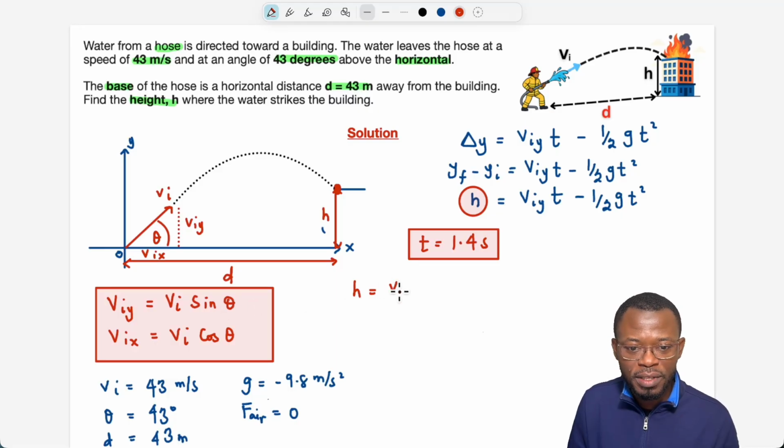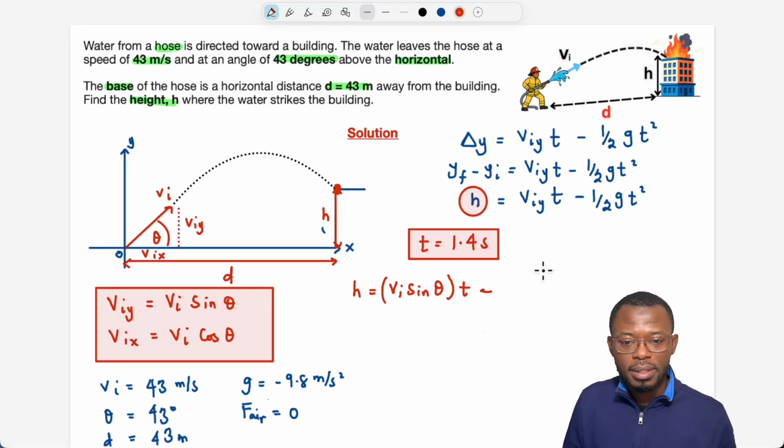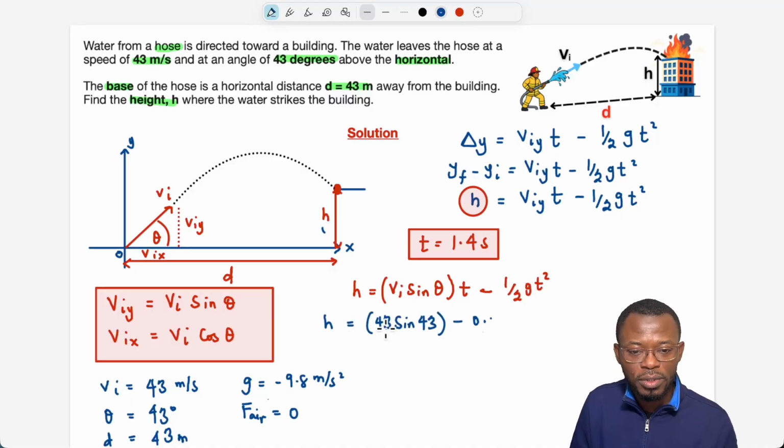So we have vi sine of the angle theta in brackets, multiplying the time, minus 1/2 g t squared. h equals 43 sine of 43 times the time, 1.4 seconds, minus 0.5 times 9.8, times the time, 1.4 seconds, squared.